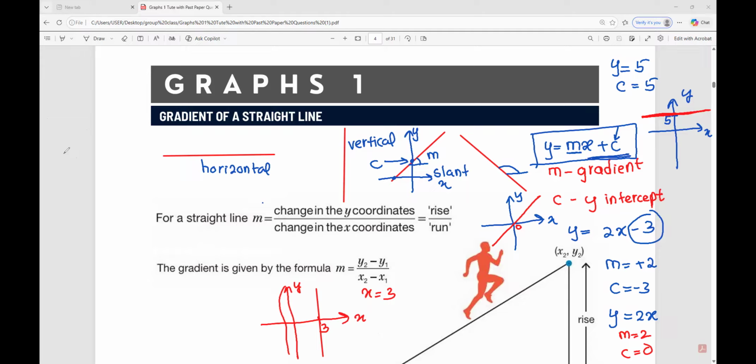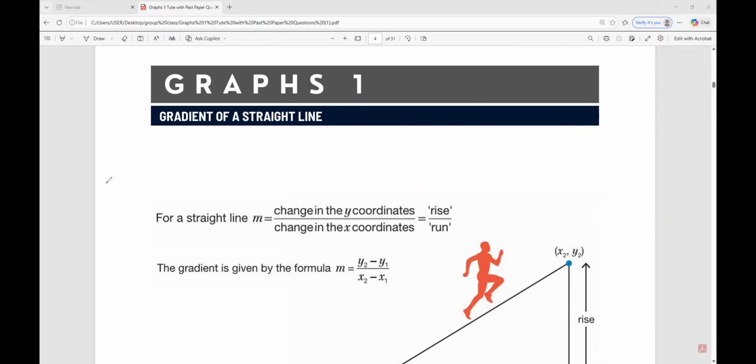Now, if we know 2 points on a straight line, we can find the gradient. So that is the first part here: gradient of a straight line. We use this formula if we know 2 points on a straight line. Those points are considered as first point x1, y1, second point x2, y2.